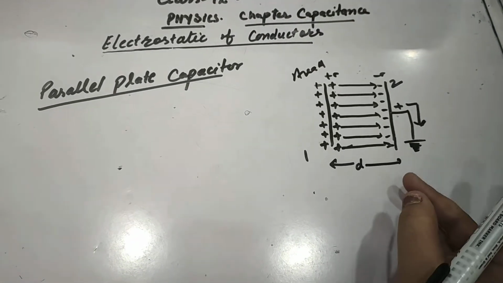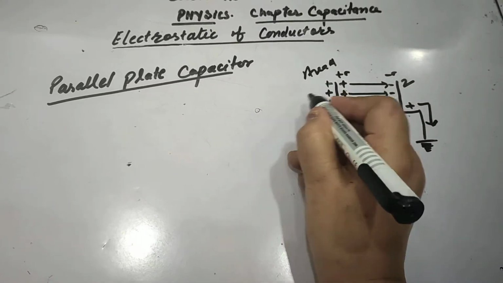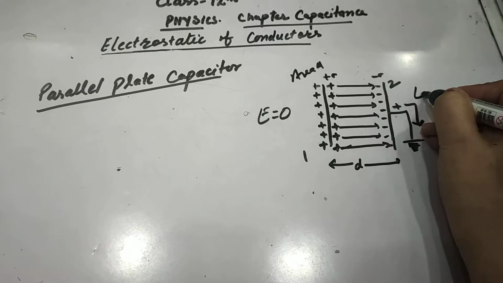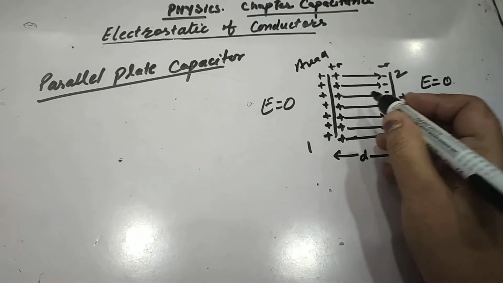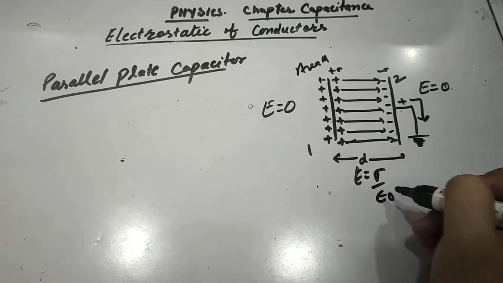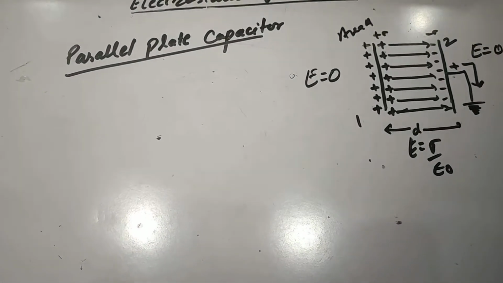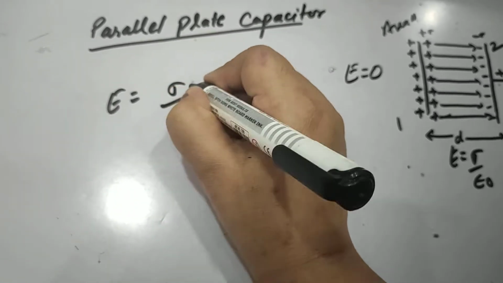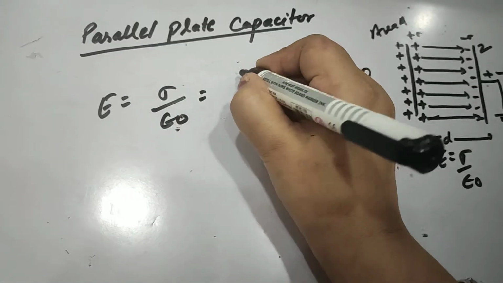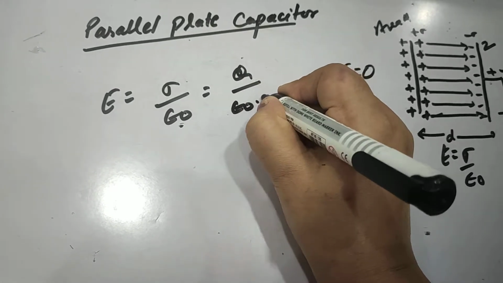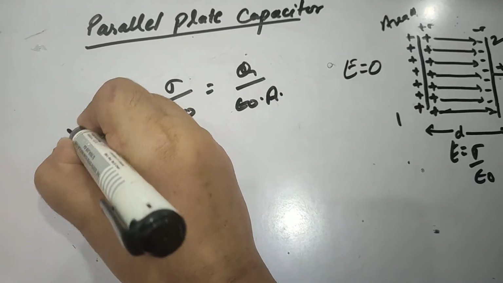In that case, we studied that to the left side of the plates the value of E is 0, and to the right side it is also 0, but in between the value of E is equal to sigma upon epsilon naught, right? So E is equal to sigma upon epsilon naught, or sigma can be written as Q upon A, so E is Q upon epsilon naught into A. So E we have found out.